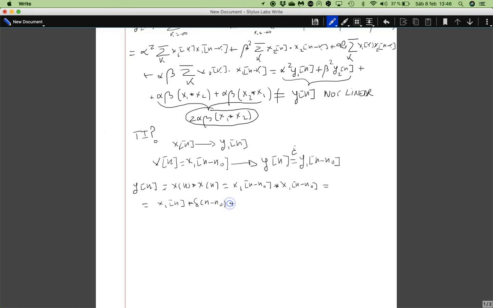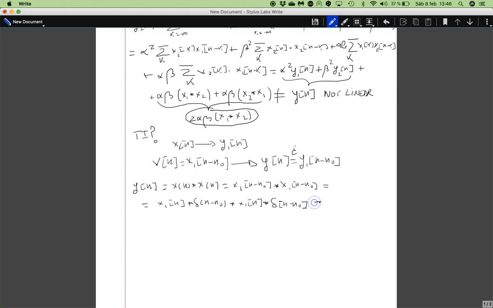So again this is x1[n] without delay, convolved with a delta delayed n0 units.